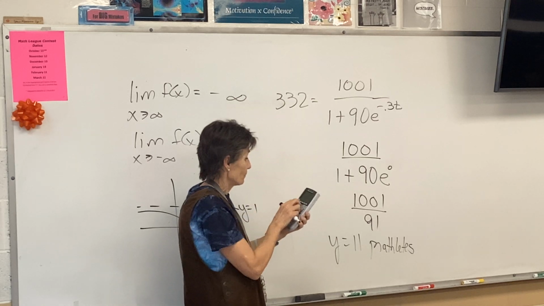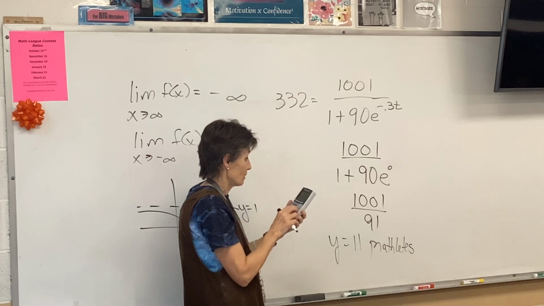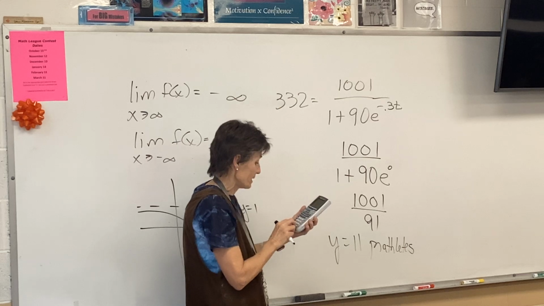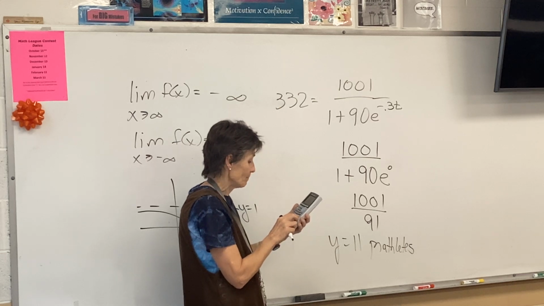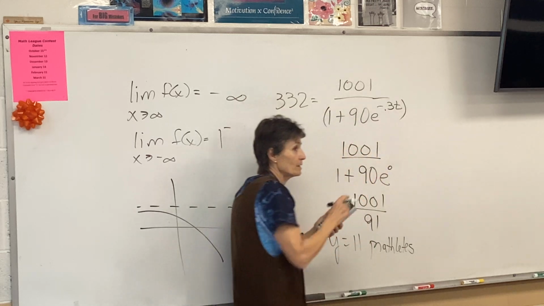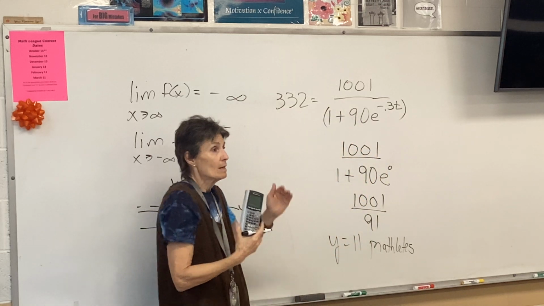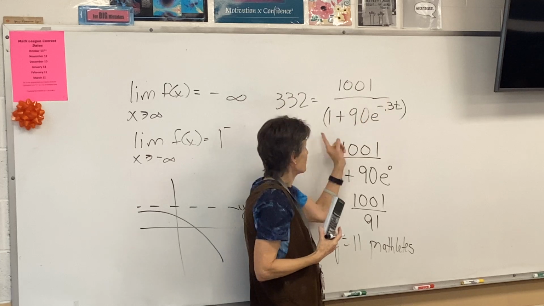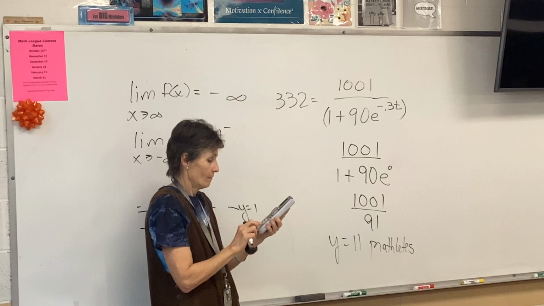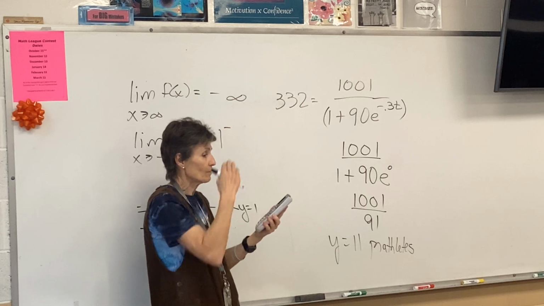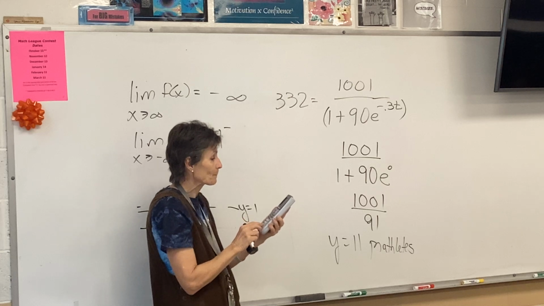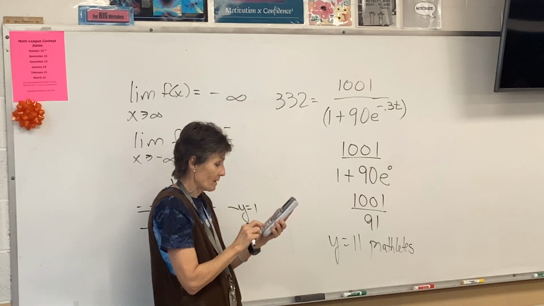What's the other one? 332. 332 is one of them, and the other one is 1001 divided by, if your calculator is old like mine, then when you do divided by, you have to put that in parentheses. If you have a newer calculator that gives you a fraction option, then you don't need to worry about it. Hashtag lucky. But I have to worry about it.